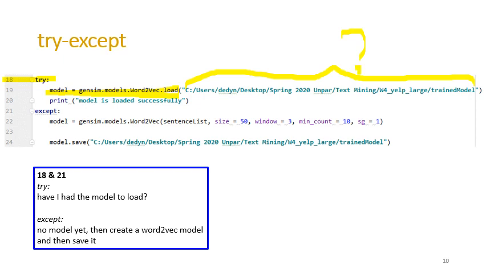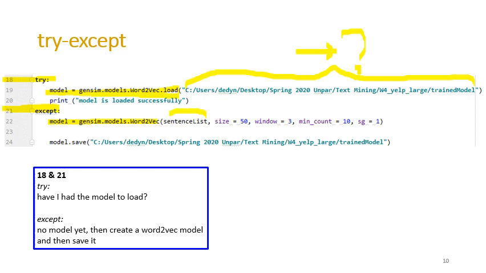If it is, then okay, I just load the model and I do not rerun the creation of the word2vec model. However, if Python does not find this model, it will go to the except part. So in the except part, just as before, we are creating the word2vec model.